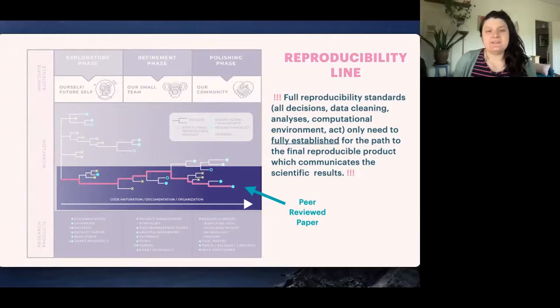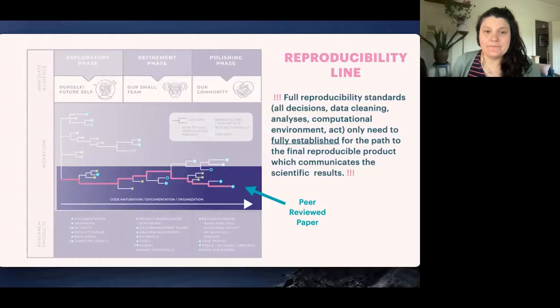This only needs to be in really good, fully standard shape for your community for the path, for the final product that communicates your scientific results. So a lot goes on in this whole research project and there are a lot of research products, but you only need to hit that extreme level of reproducibility for the ones that communicate your results.